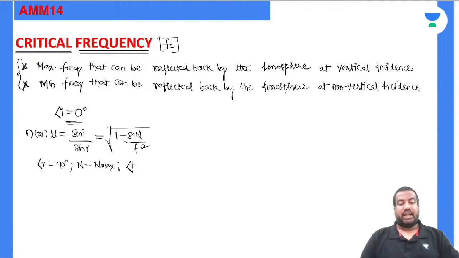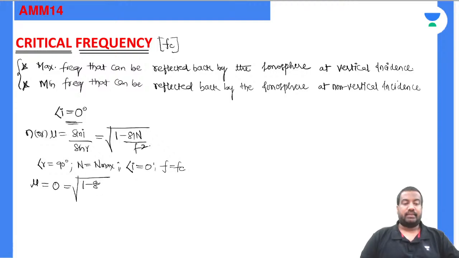For critical frequency calculation, incident angle is 0. F is equal to Fc. Substituting, N or mu is equal to sin 0 by sin 90, which is the square root of 1 minus 81 n max by Fc square.